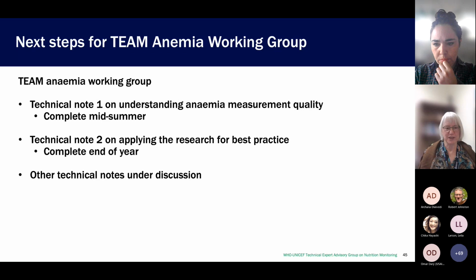So that technical note will address, what is the research showing us? What is best practice? Can we now make a judgment or a solid recommendation on what should be the best practice?